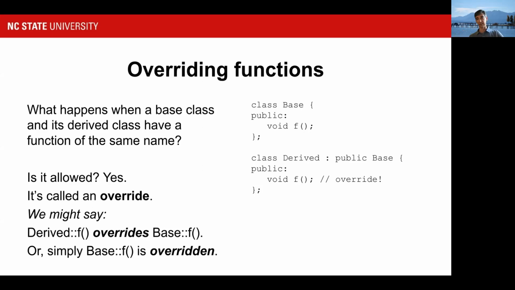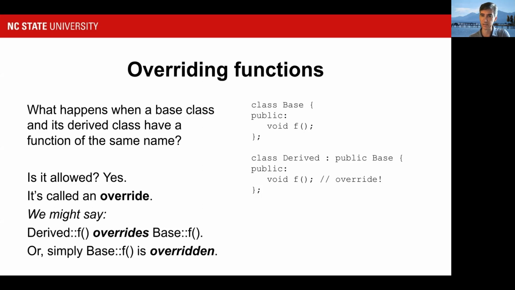And the answer is yes, it's allowed. And this is called an override. So this function in the derived class actually overrides the function in the base class. It takes the place of the function in the base class. And so if we try to call function f on a derived object, we'll only see the f inside the derived class. We'll not see this f from the base class, right? It takes precedence.